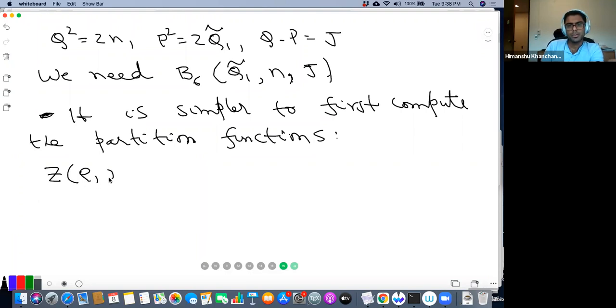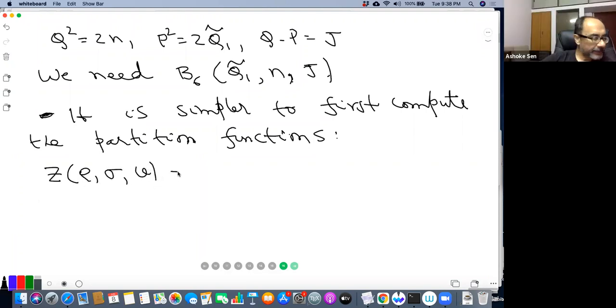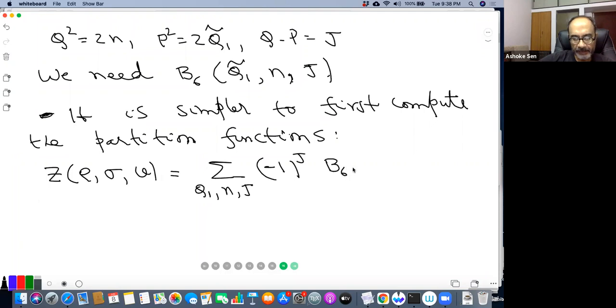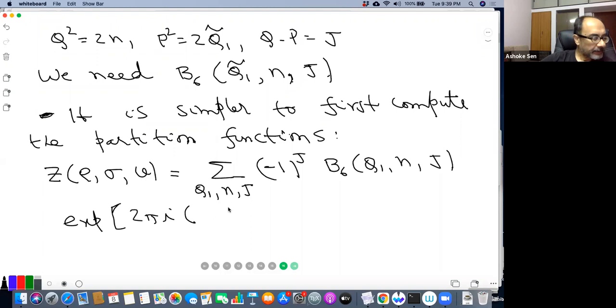At least it is possible to do that. So we define the partition function Z of rho, sigma, v as the sum over q1, n and j, these are all integers, of minus 1 to the j times b6 of q1, n, j, times exponential of 2 pi i times q1 rho plus n sigma plus j v.